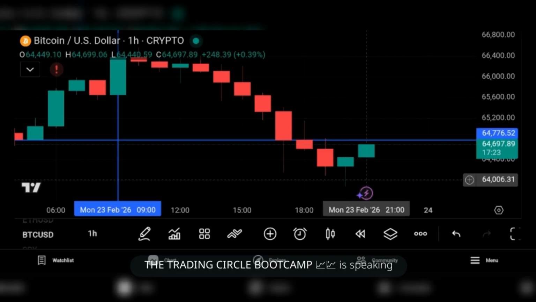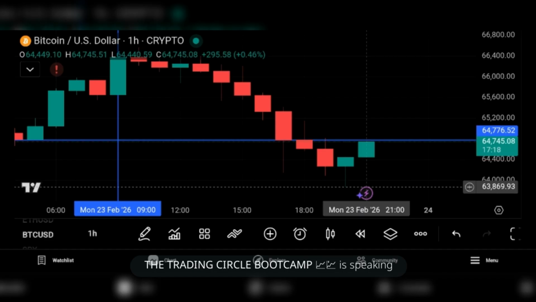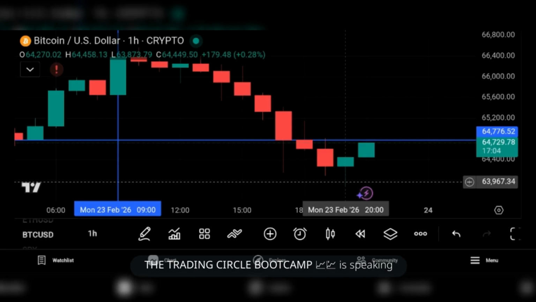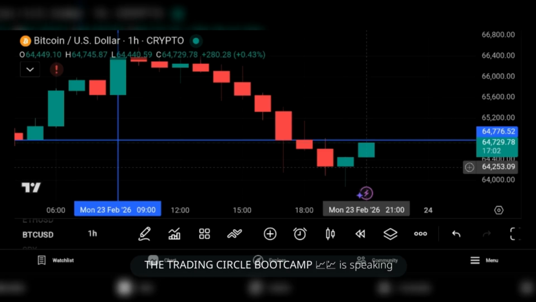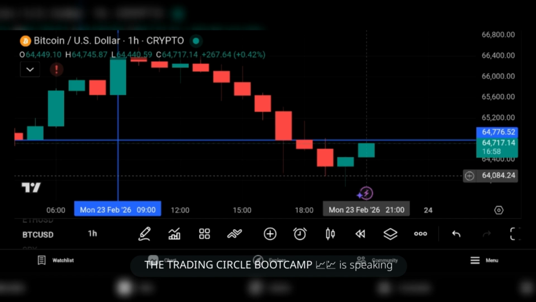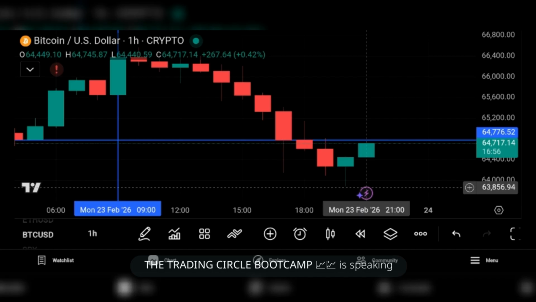Now, what the wick means is that the bottom of the wick, where my dotted line is now, is the lowest point that the market got to. So when this candle started from this place, the open here, it went down to this point.